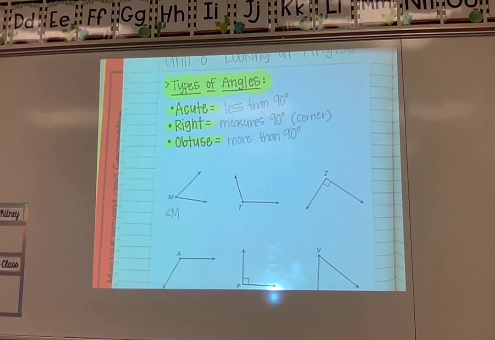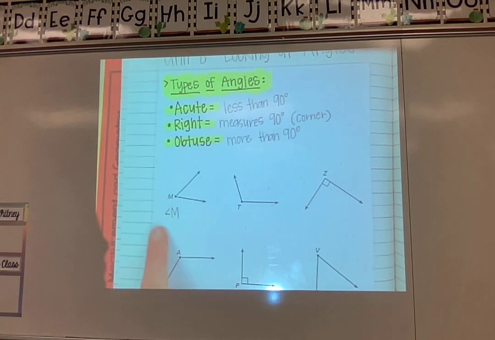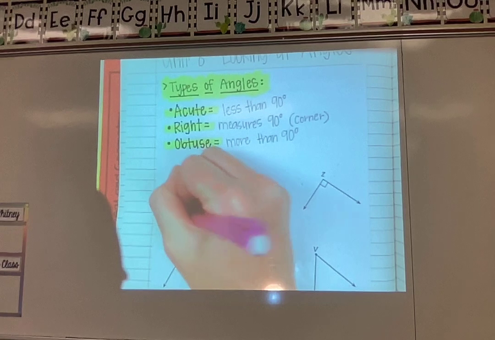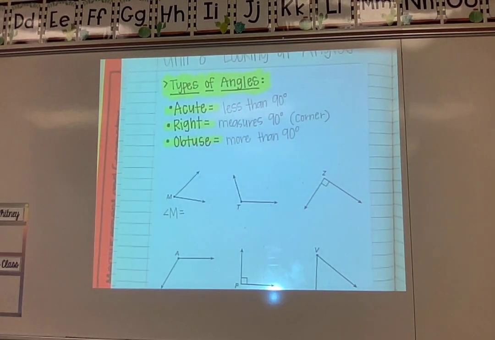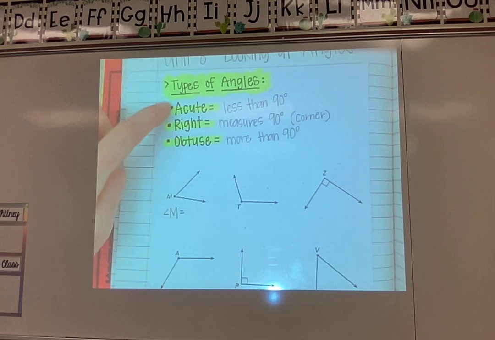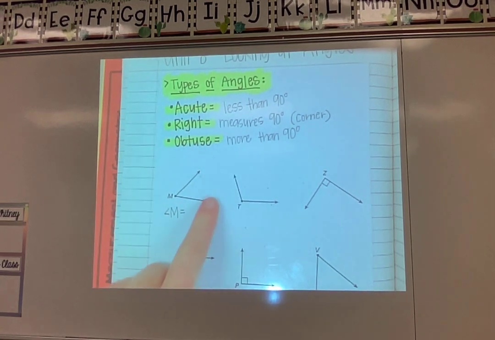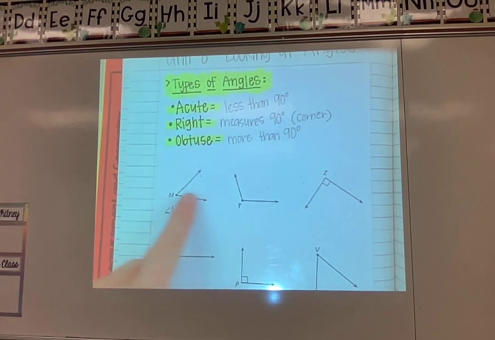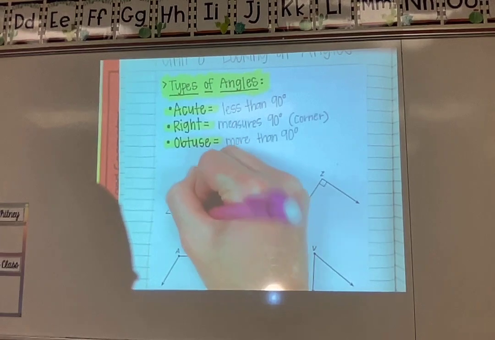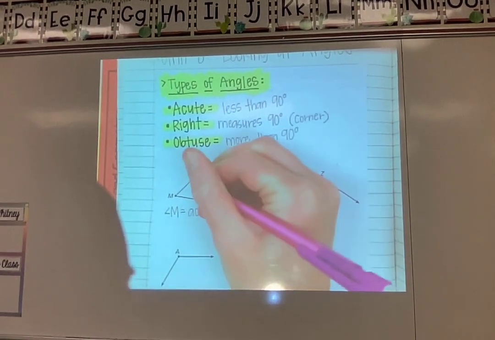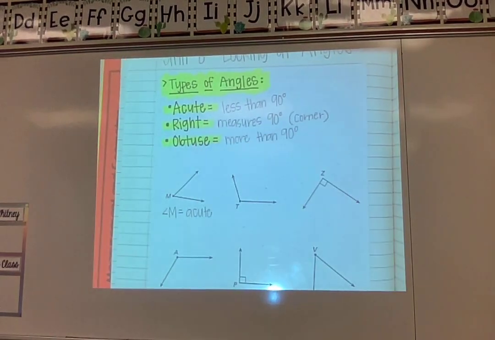That way we don't have to write the word angle every time. So we're talking about angle M. And we have to decide which category it falls into. Would angle M be an acute angle, a right angle, or an obtuse angle? Well, this is smaller than the corner of a piece of paper, so that would be an acute angle. The opening is small, so it's acute.